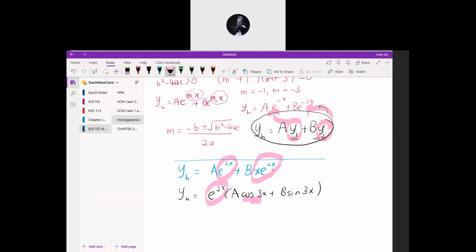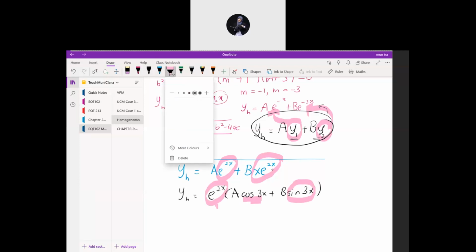Your y2 is e^(2x) sin 3x. The selection of y1 and y2 are very important in order to solve your non-homogeneous equation by using variation of parameters method. Clear?